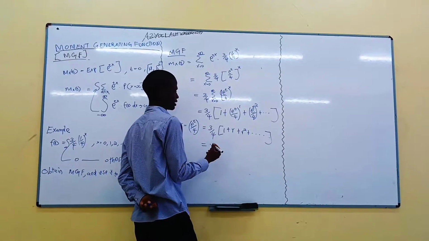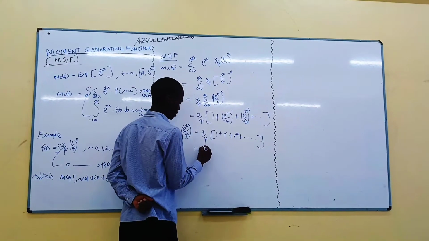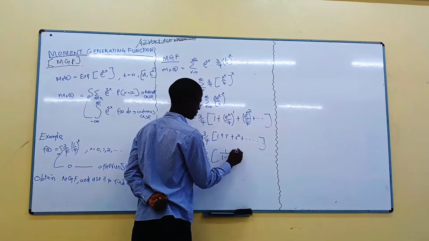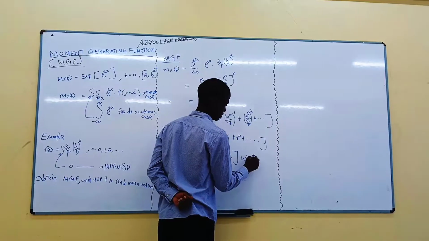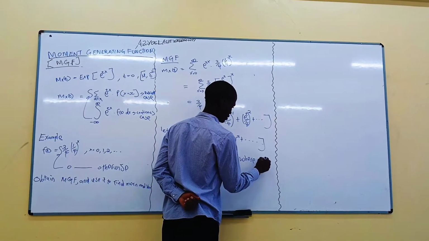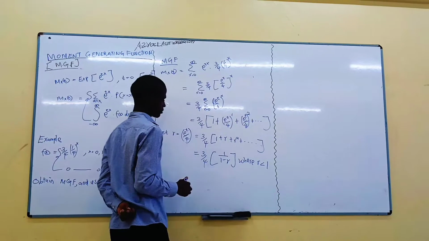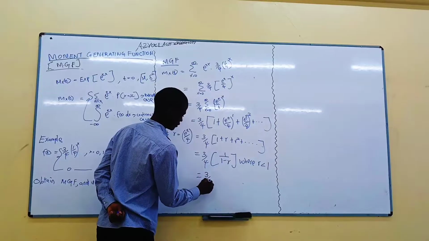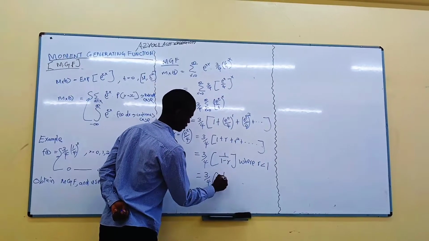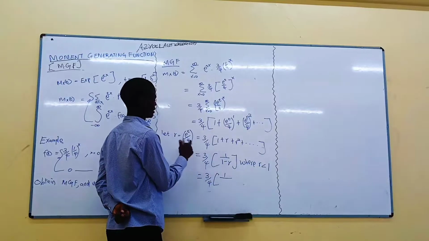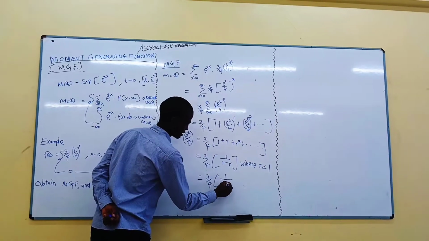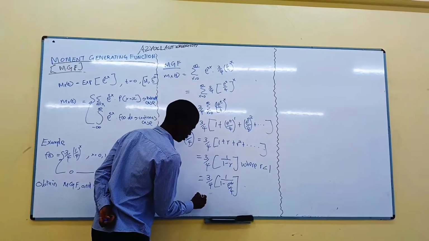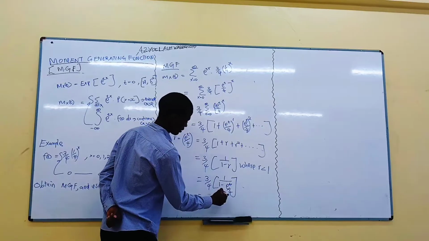And remember, for a geometric series, the sum is 3/4 times 1/(1 minus r), where r is less than 1. Remember, r is the same as e^t/4, so it's going to be 1 minus e^t/4.